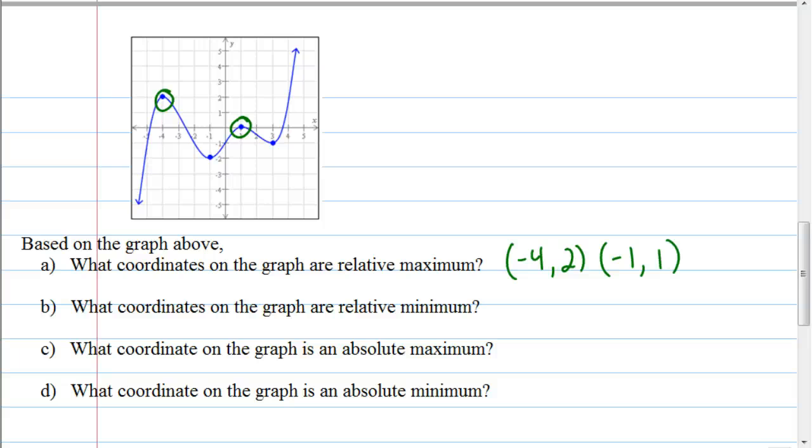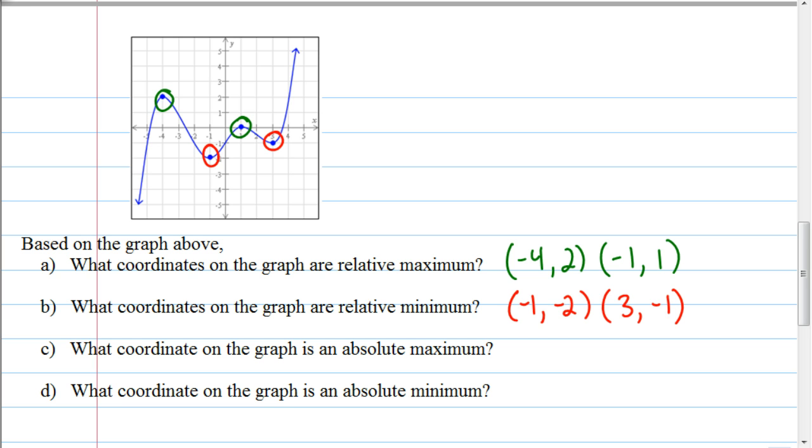But since they're asking for coordinates here, we would say it's -4, 2 and -1, 1 that represent the relative maximum. When they ask what coordinates on the graph are relative minimum, again, we have two of them, and the coordinates would be -1, -2, and 3, -1.